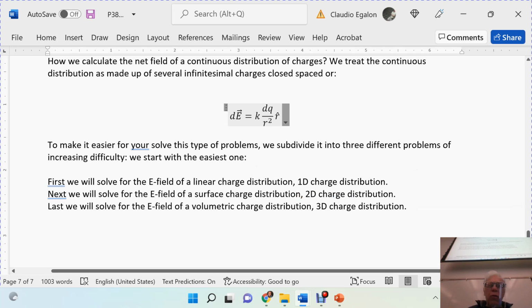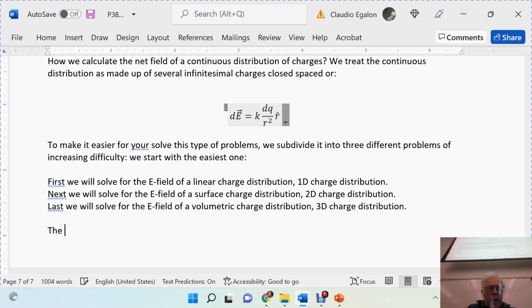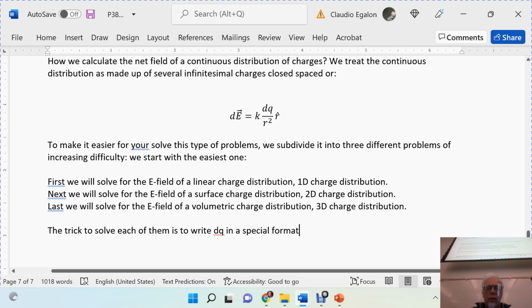And what is the trick to solve each one of them? The trick is to write the q in a special format. This is the q that you see here.